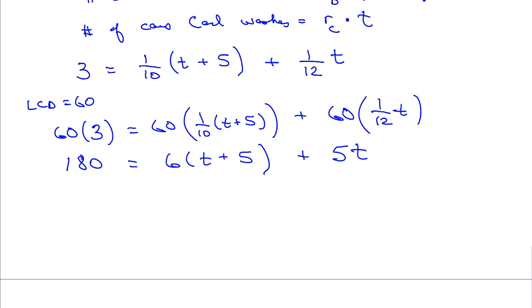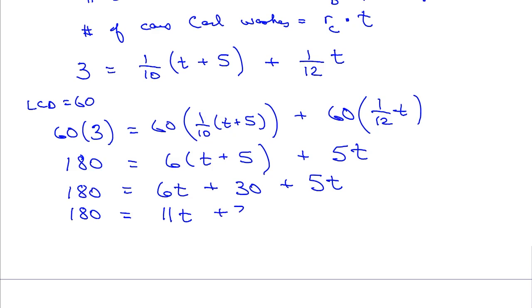Distribute the 6 on the right side. So we get 180 is equal to 6t plus 30 plus 5t. Combine the t's on the right. So we get 180 is equal to 11t plus 30. Move the 30 to the left.